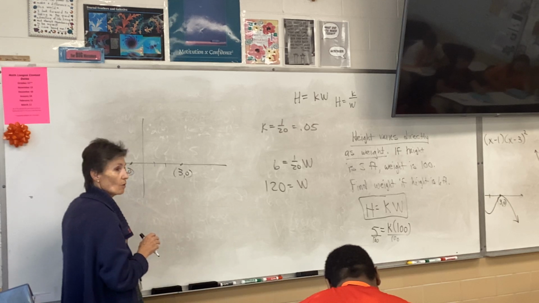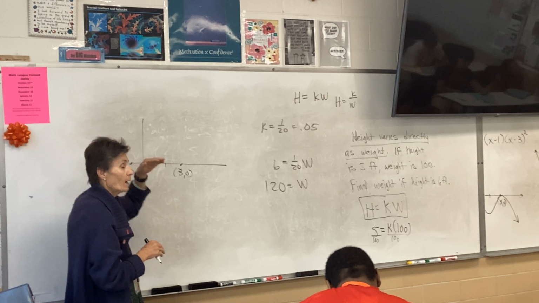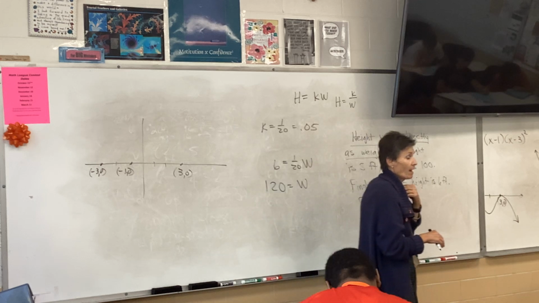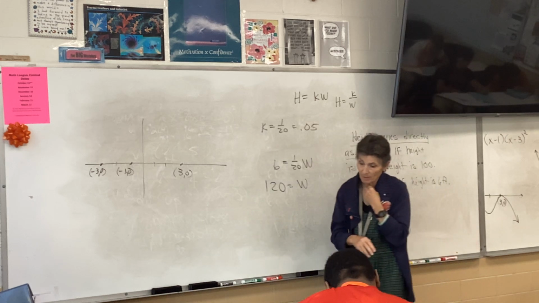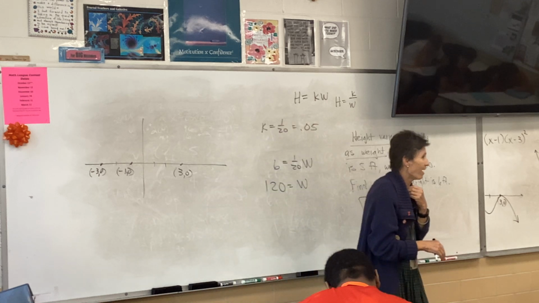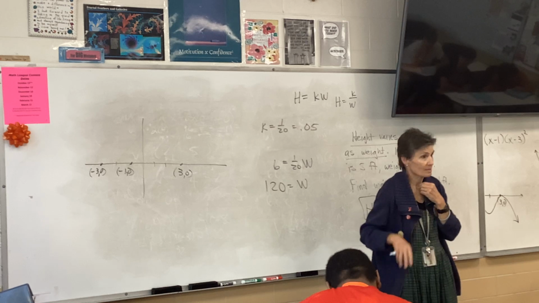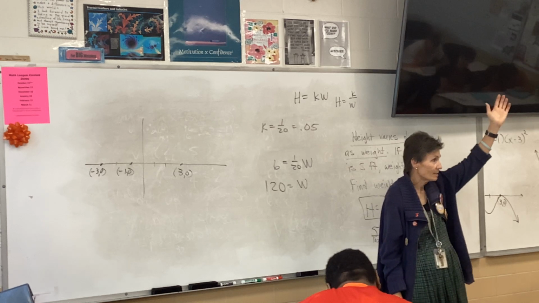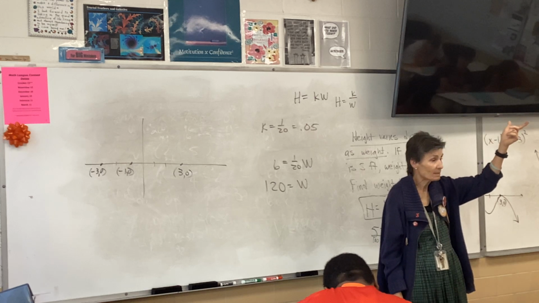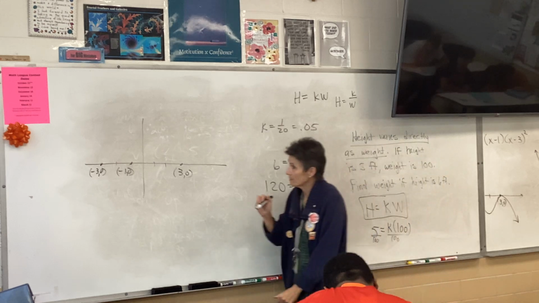Do I start drawing down here, or do I start drawing up here? Well, how do we figure that out? We count up our x's. How many x's does this problem have? 5. 5 is odd, right? Odd starts down and ends up. But not this one, because there's a negative in front, so it's going to start up and end down. So I'm going to start up here.